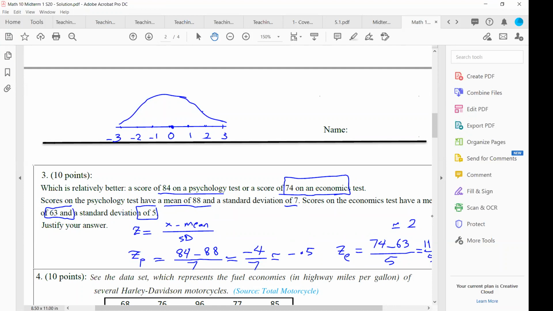-0.5. This is the z-score of psychology, which is around the mean, around the rest of the majority of the students who scored about the mean. But take a look at the z-score of economics. It is 2, which is here, ZE. It means that it's better than ZP.